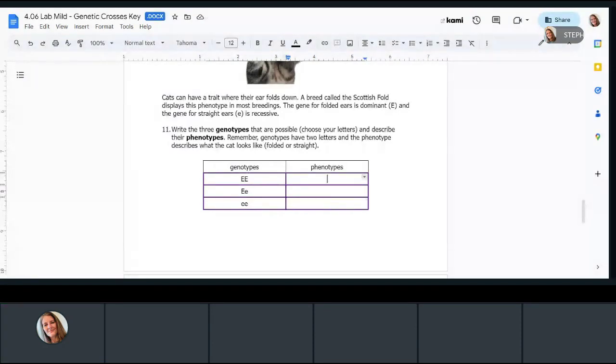So we have folded for dominant, and straight for recessive.